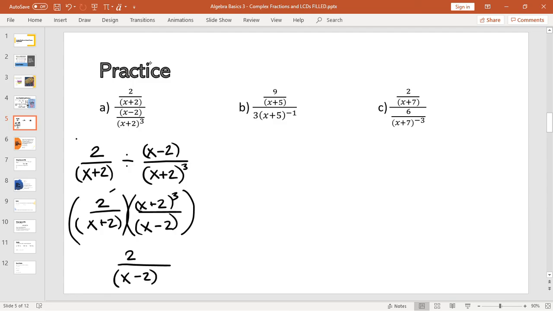But I also have (x plus 2) to the power of 3 over (x plus 2), and that's to the power of 1 when you don't see a number. So my exponent laws say I'm going to do 3 minus 1, and I'm going to have (x plus 2) squared on the top. So that's my final answer. Same thing.